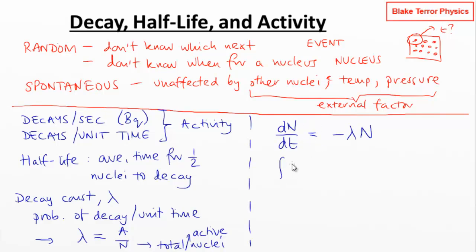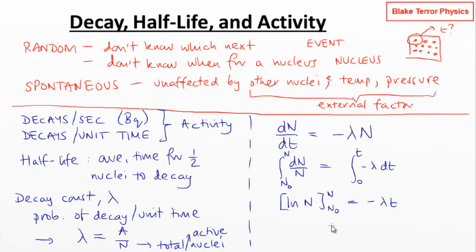We can separate our variables on it and integrate N. So we've got 1 over N, and that's going to be our integral of minus lambda dt. If we start at time 0 with an initial sample of N0 active nuclei, and at time t we've reached some number N, then we've got the natural log of N between N and N0, and that's going to be minus lambda t.